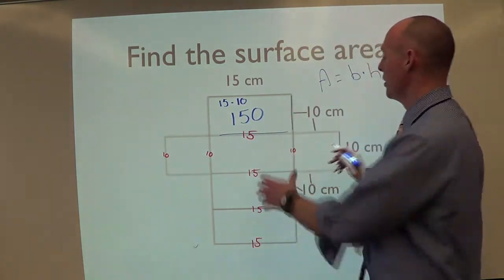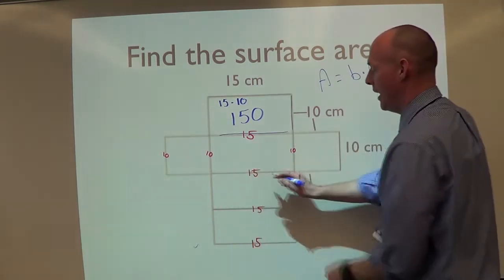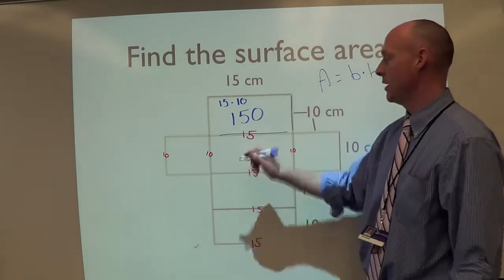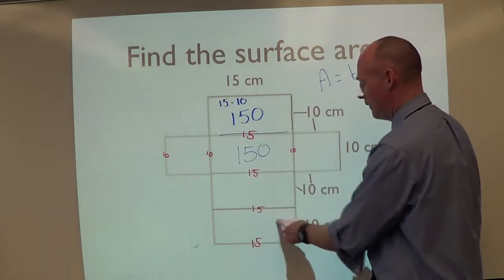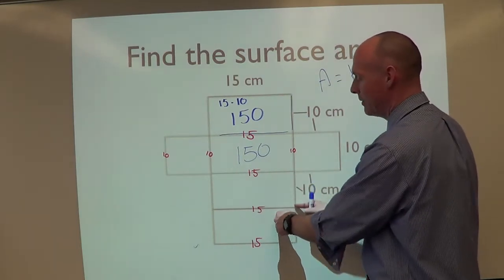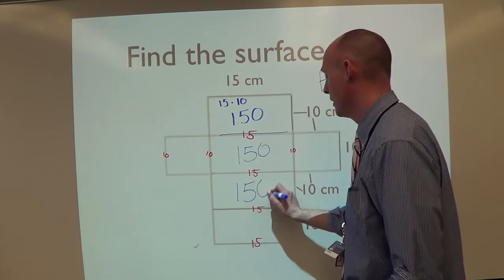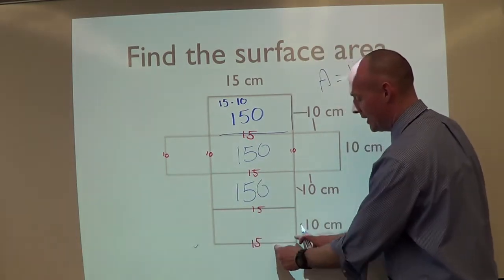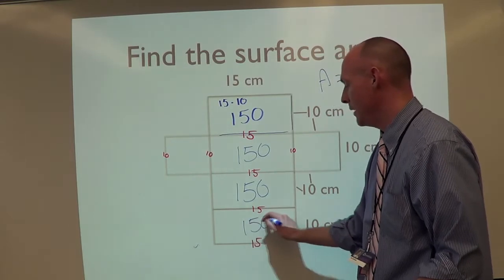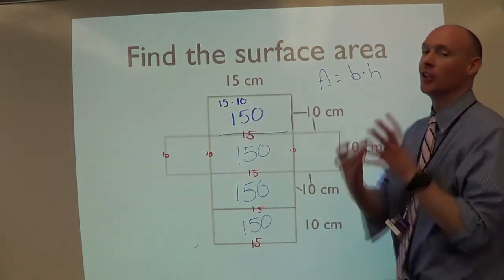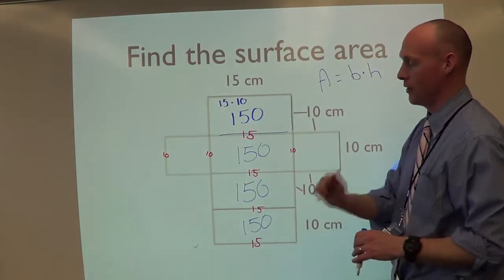And of course, let's look down here. I have 15 and 10, 150. Down here, 15, and this side is 10. 15 times 10, 150. Over here, 15 times 10, 150. Okay, so now we figure out our larger rectangles, 150, 150, 150, 150.